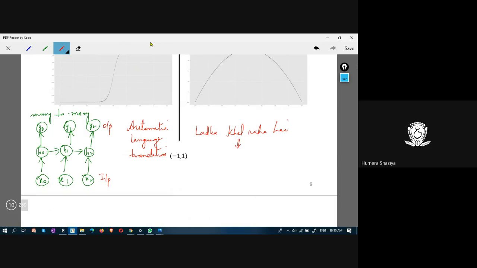This automatically should be converted to English language, say, the boy is playing. So what is happening here? Here you are giving this as input and you are obtaining this as the output. So this is automatic language translation.